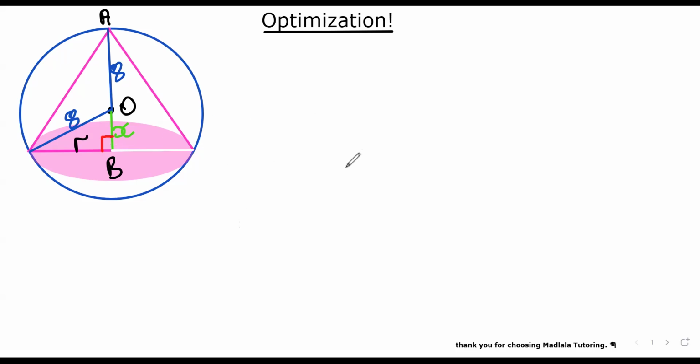The first question is asking for the volume of the sphere, and this is just for 1 mark. The reason is you only need to know the radius of your sphere. In this case, the radius of the sphere is 8 centimeters. To find the volume of a sphere, it's 4/3 pi r cubed.